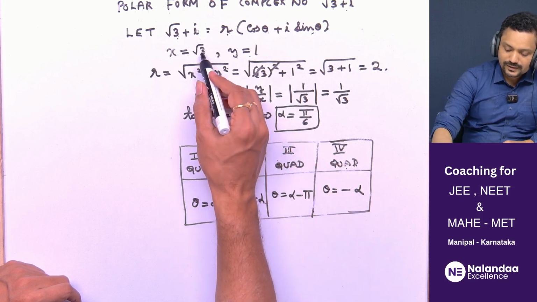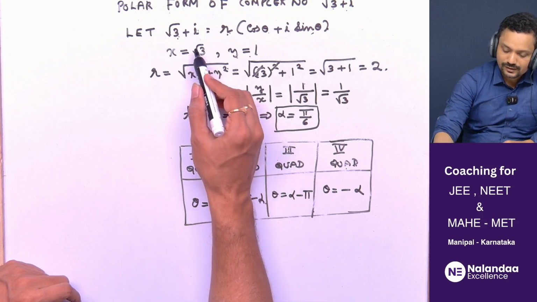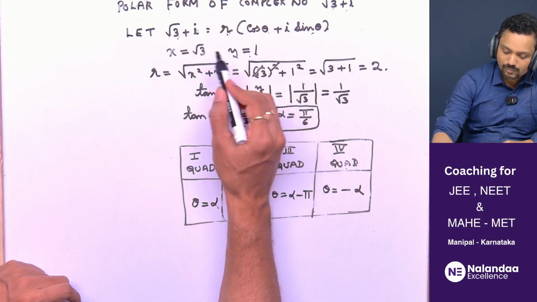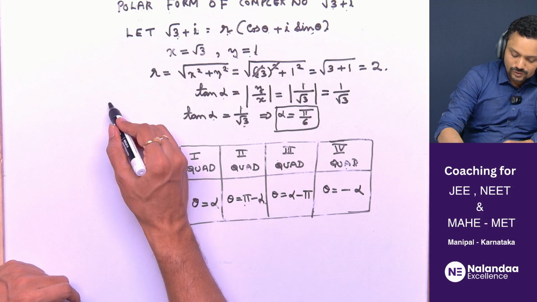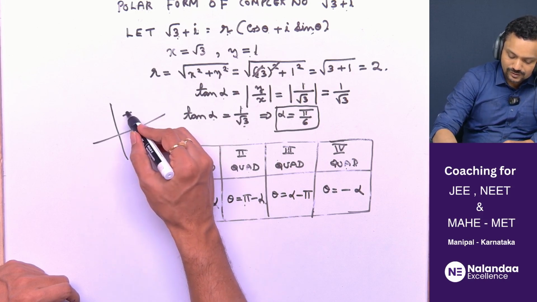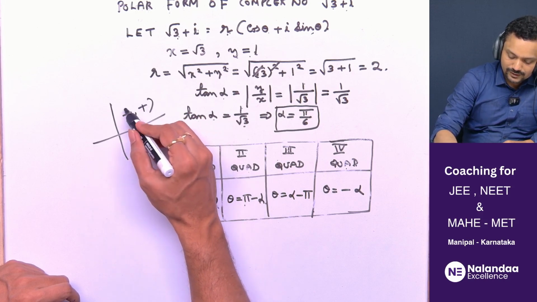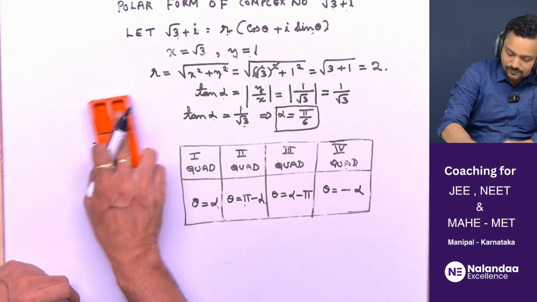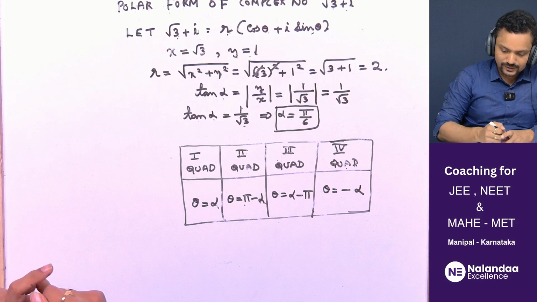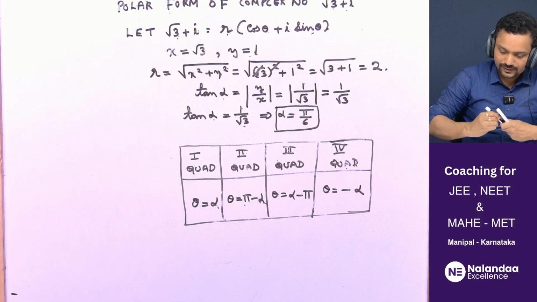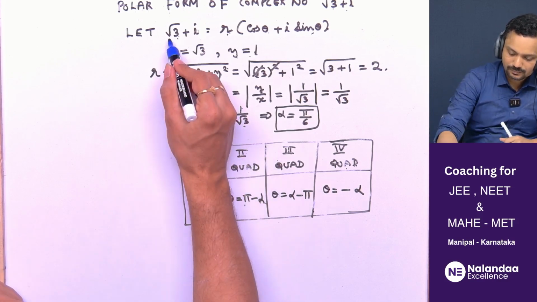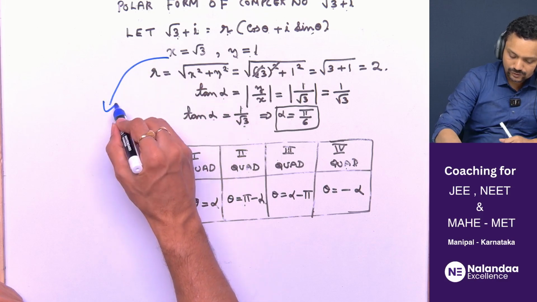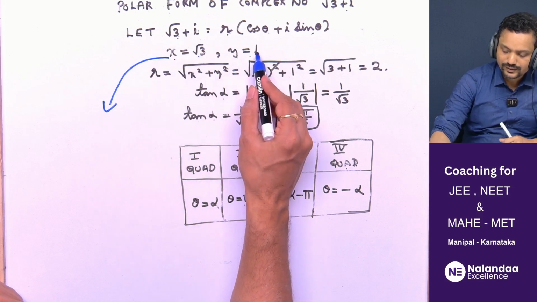Now you have to see in which quadrant the given point is. Now you know root 3 comma 1, both are positive. So if the x coordinate is positive and the y coordinate is positive, the point will be in the first quadrant. If I go back to this step, you can see x is root 3, y is 1.